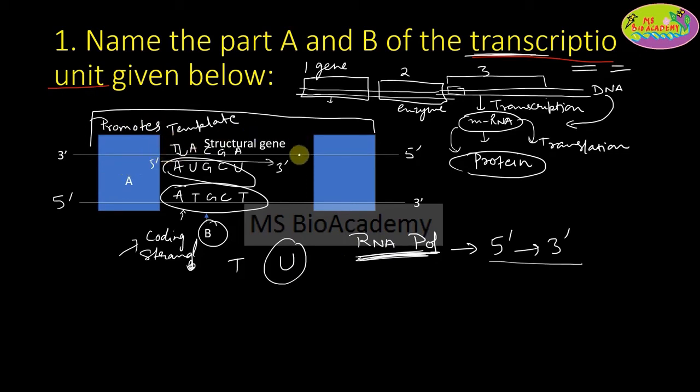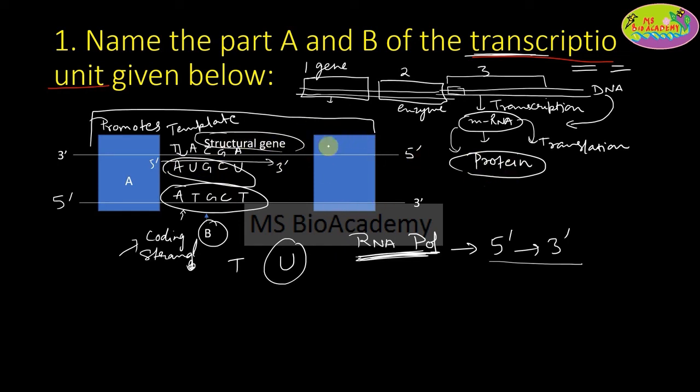And next to this region, this is the main gene that is called a structural gene. Okay, this is the sequence from where our mRNA is going to be formed, to carry the message in order to synthesize the specific protein, right?